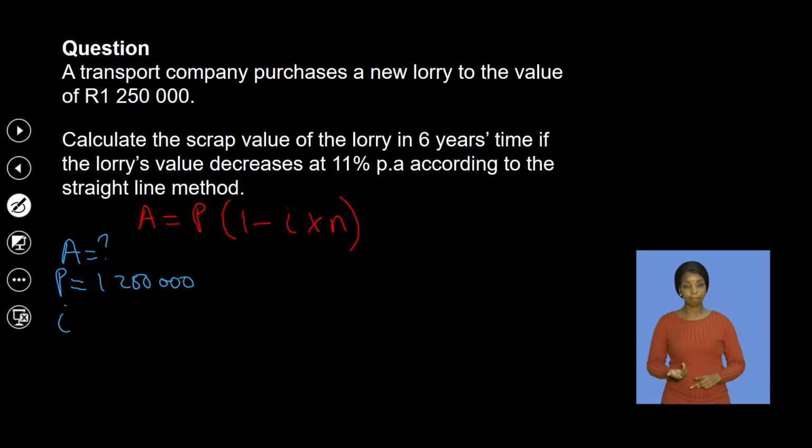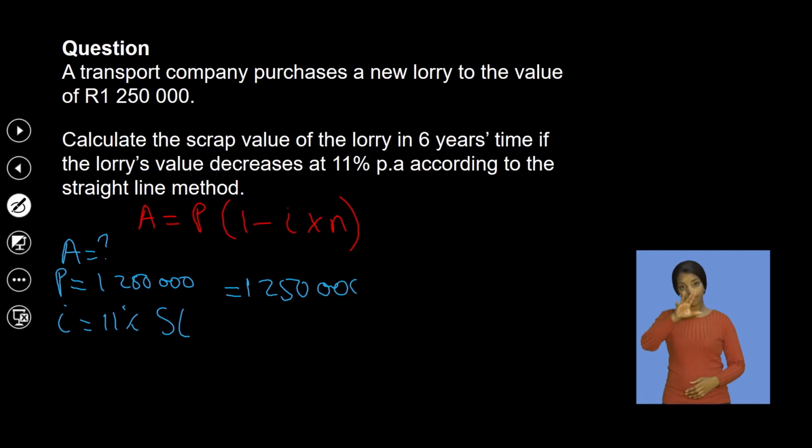And then my i, which is the interest, will be 11% on a straight line method. So I will emphasize that it's a straight line method so that when you do your calculation, you don't confuse the two.